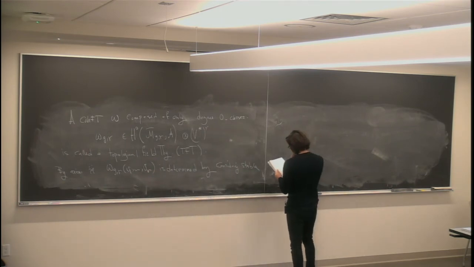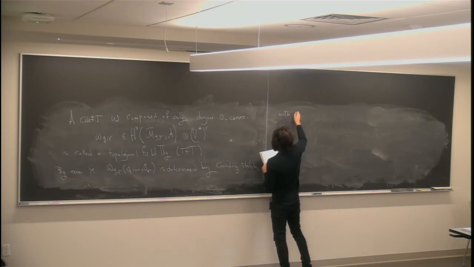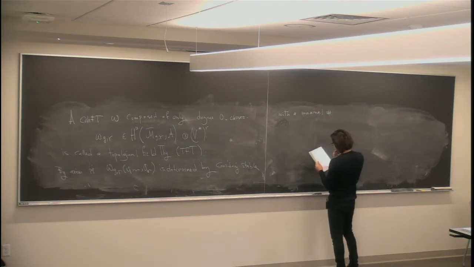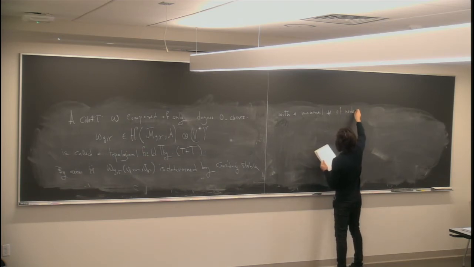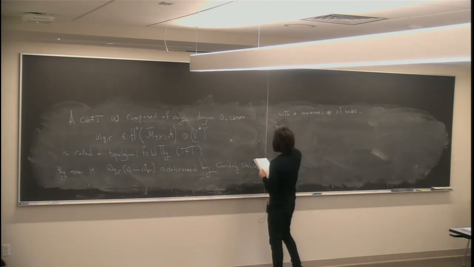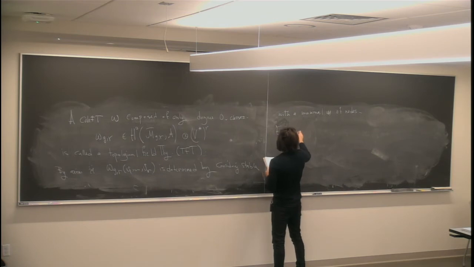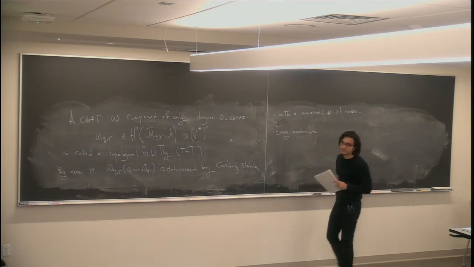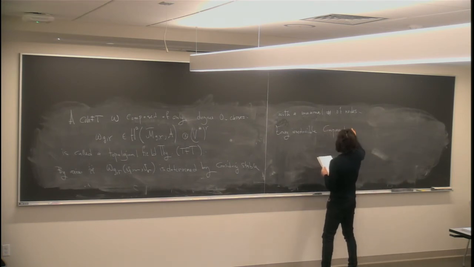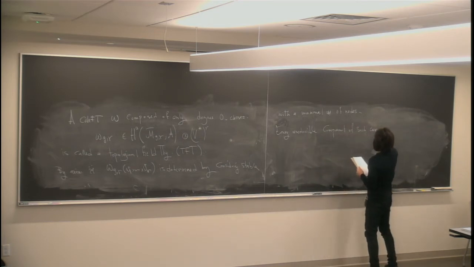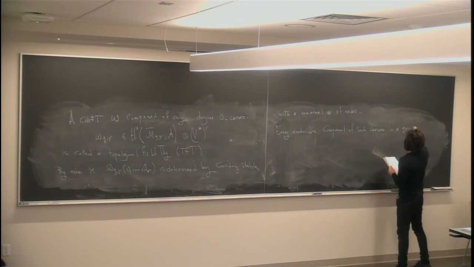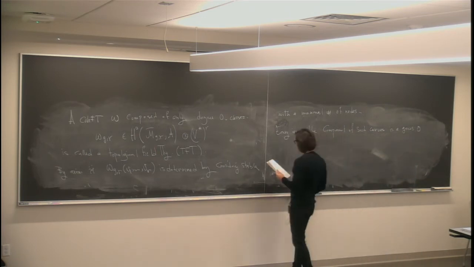So considering stable curves with a maximal number of nodes, this is the one point I was trying to make: every irreducible component of such curves is a genus zero curve with three special points.